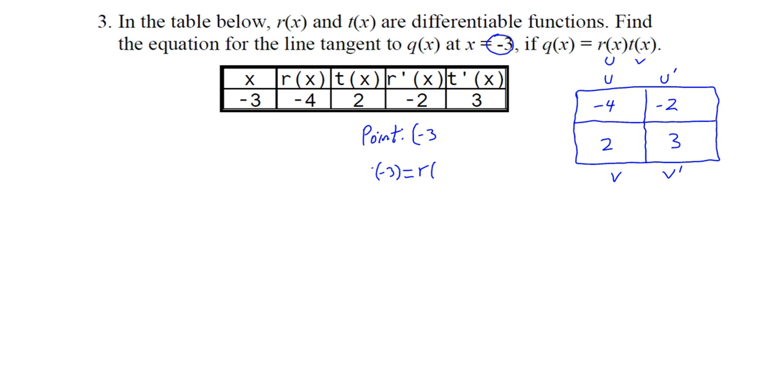Let's do this. Okay, q of -3 is going to be r of -3 times t of -3.